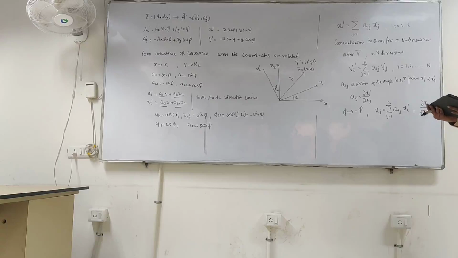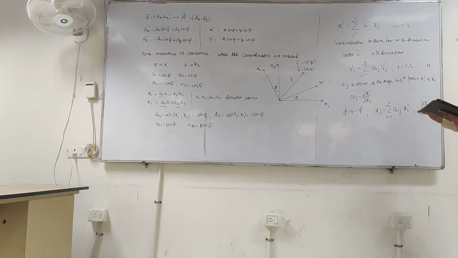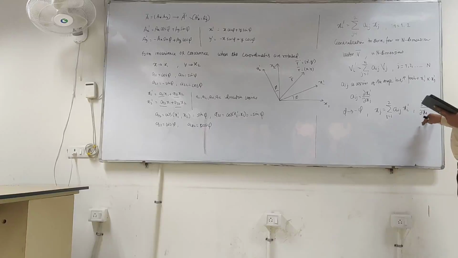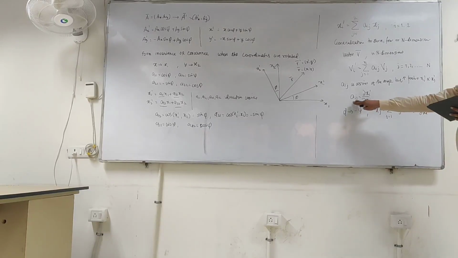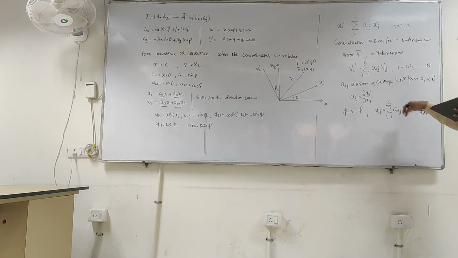We can use these 2 equations. The only thing is that these equations are giving me the cosines of an angle between the 2 axes in terms of the partial derivatives.